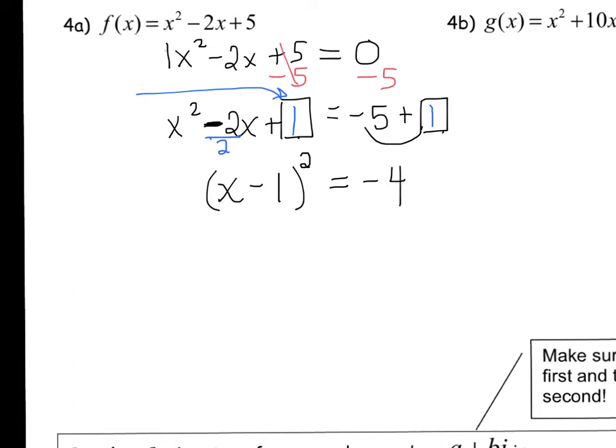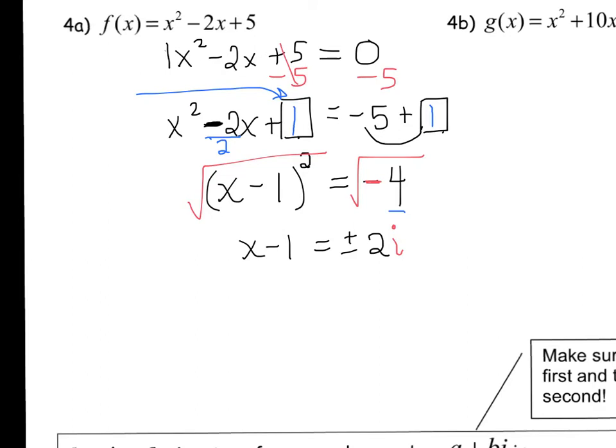Now we just need to square root both sides, which leaves us with x minus 1 equals plus or minus the square root of 4. The square root of 4 is 2, and that negative sign turns into an i.